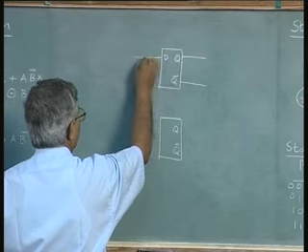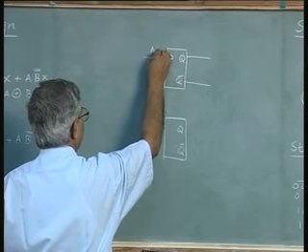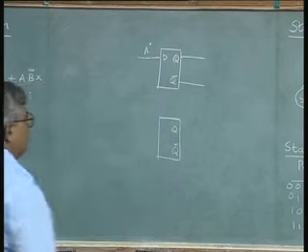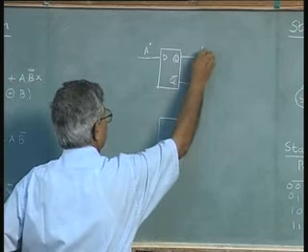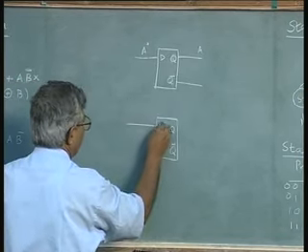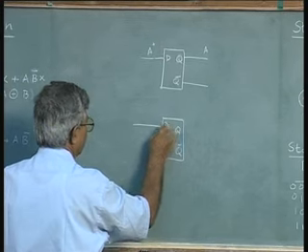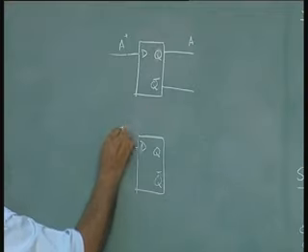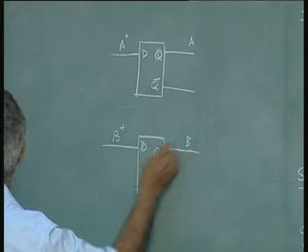What I mean by A plus is the input to the flip flop A, the output is A here. Similarly, the input to the flip flop B is called B plus, the output of this is B. So, what is A plus?